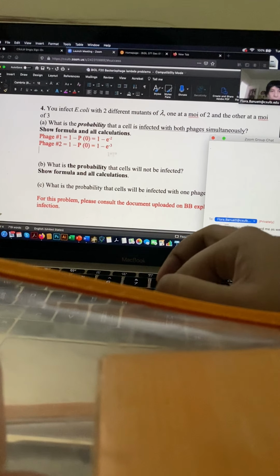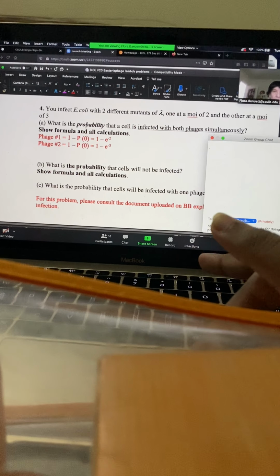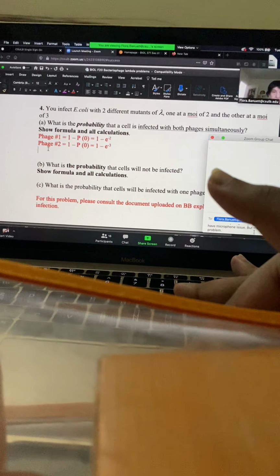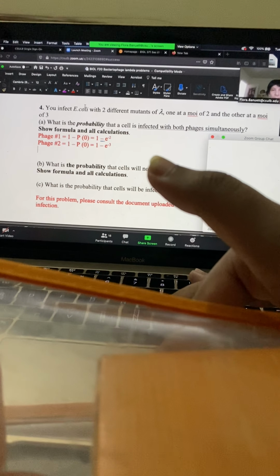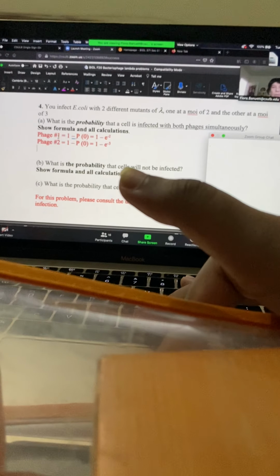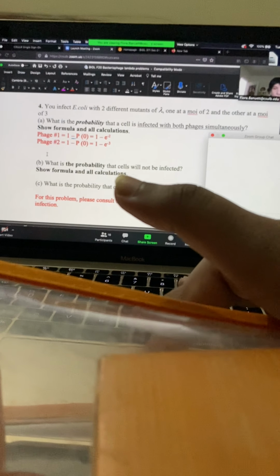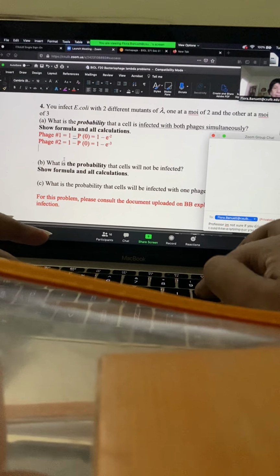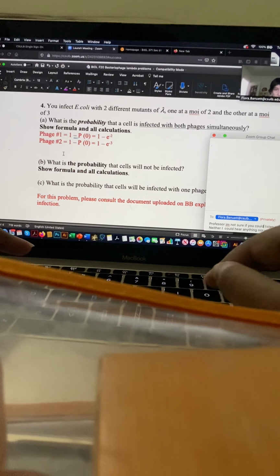So the probability of infection with both is the product of these probabilities. I'm not writing everything in slow motion so I can get through the problem. So the probability of infection with 1 and 2, these are 2 independent events, therefore it's going to be the product of the probabilities.